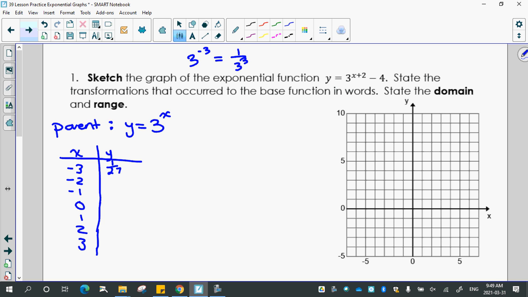So you have to think through that each time, either in your head or on a scrap piece of paper. 3 to the -2 is 1/9. 3 to the -1 is 1/3. 3 to the 0 is 1. 3 to the 1 is 3. 3 to the power of 2 is 9. And 3 to the power of 3 is 27.